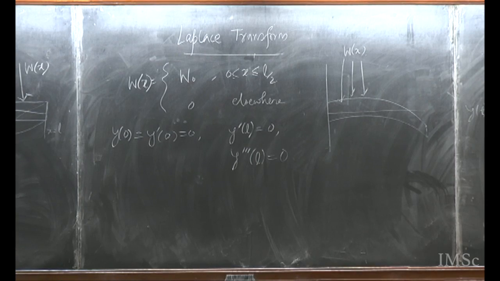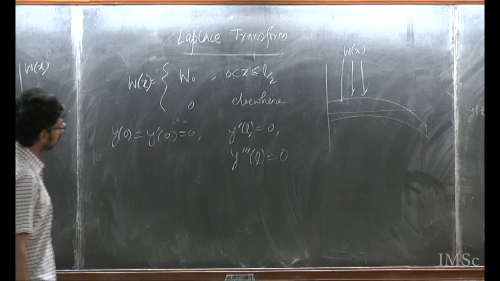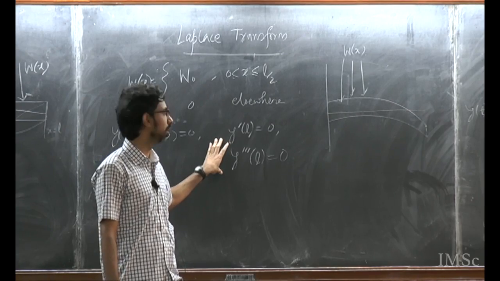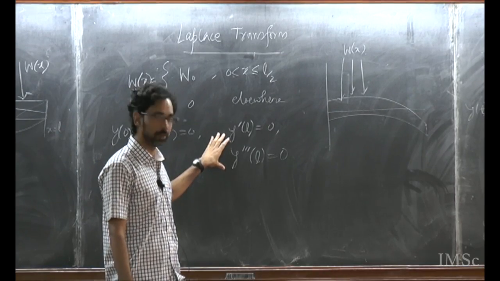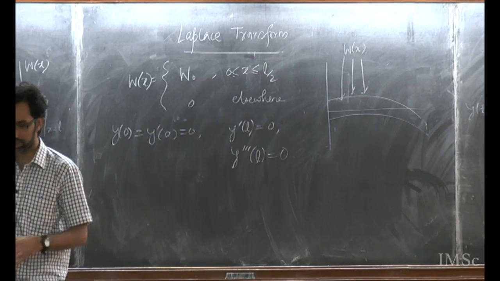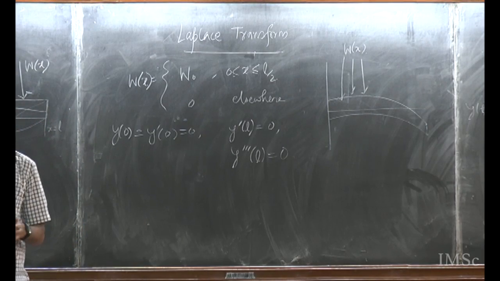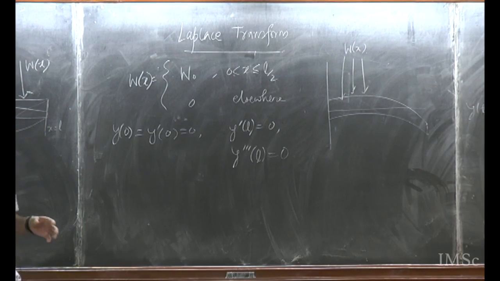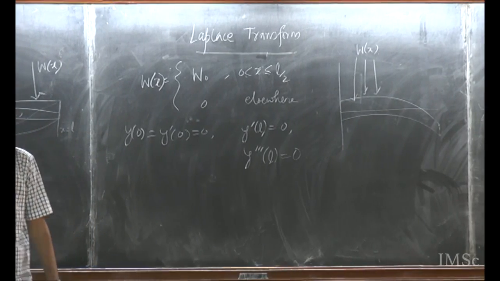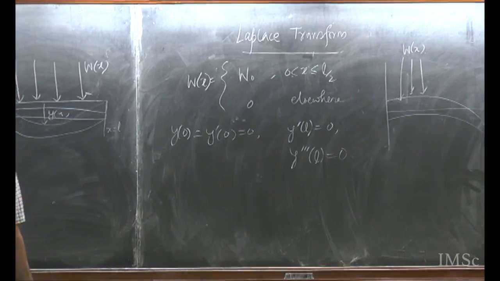Okay, when I was reading about this, I did not understand what is the physical interpretation of the double derivative and the triple derivative. They claim that it's describing some forces, some shear forces. The triple derivative is given by the shear force, and the double derivative, I think it's called bending moment.